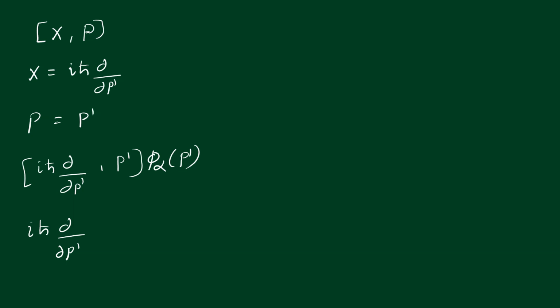So this is iħ partial derivative with respect to p prime of p prime phi alpha of p prime, minus p prime iħ partial derivative with respect to p prime of phi alpha of p prime. I've just expanded the commutator bracket.